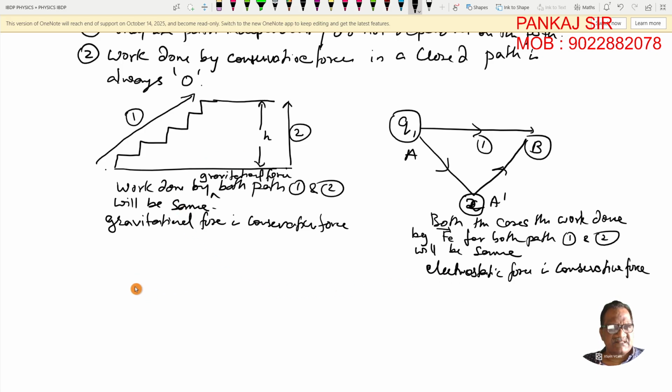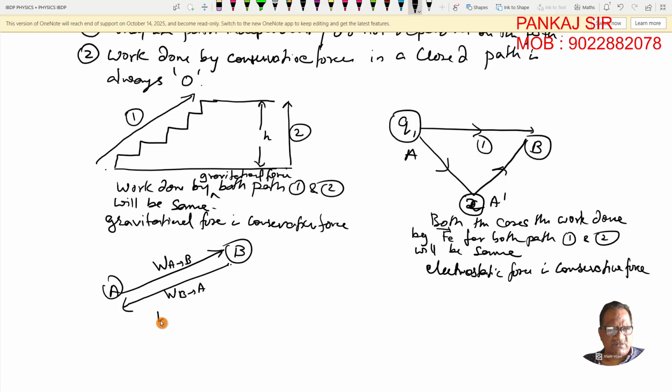Second property is, suppose a person goes from A to B this way, and he returns from B to A along some other path maybe, or the same path you can say. So the work done in going from A to B and the work done in coming back from B to A is always the same but opposite in sign.